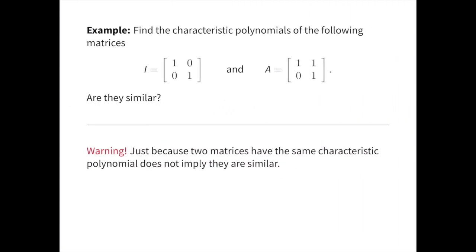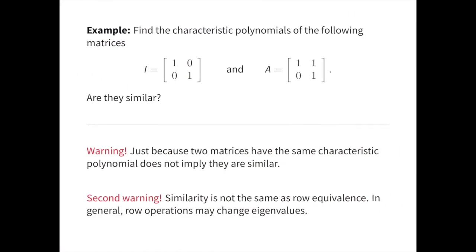So that's our first warning. Just because two matrices have the same characteristic polynomial does not imply that they are similar to one another. Our second warning is that similarity is not the same thing as row equivalence. So you may have two matrices that can be related to one another through row operations. Those two matrices aren't going to be similar to each other in most cases. In fact, when you do row operations, a lot of the time what happens is that the eigenvalues themselves will be changing in the matrix.